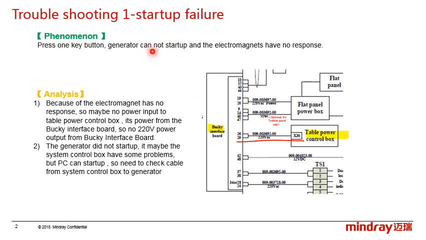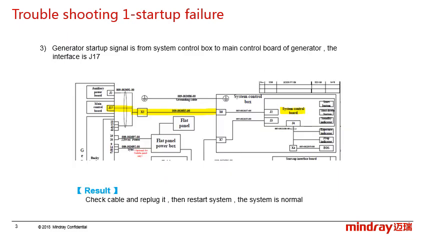And the second, the generator did not start up. It may be the system control box has some problems, but the PC can start up, so we need to check the cable from the system control.